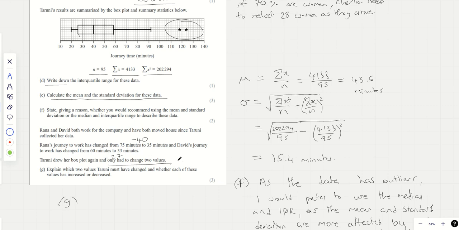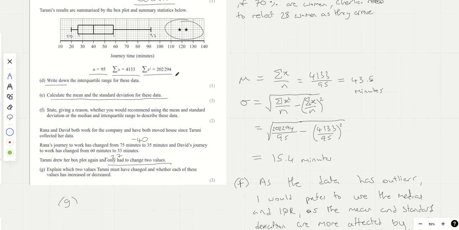That's interesting. Now, if we look, the highest item of data was 92, and the lowest was 20. So I don't think either of these are going to be affecting those. Explain which 2 values Taruni must have changed and whether each of these values increased or decreased.